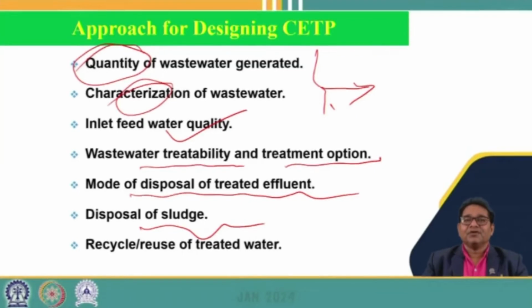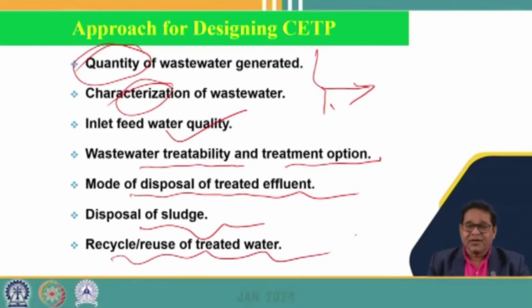So we have to look into the final disposal and treatment of the sludge. And then finally we have to see if any precious metals are present, and what advanced treatment processes can be used for their recovery, recycle and reuse.